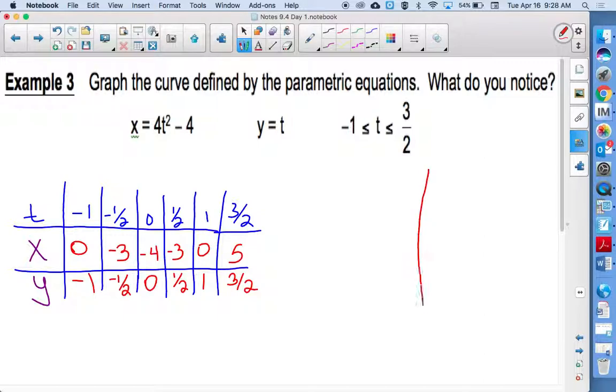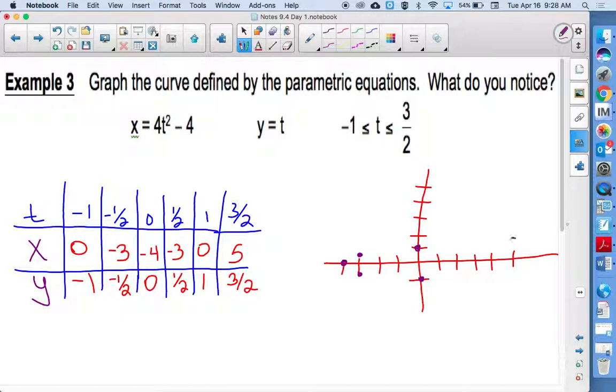And it's okay if you didn't notice it yet. I know it's on a different page, so you have to flip back to realize it. But plotting these points, our first one is at 0, -1. And then at -3, we're down at a half. At -4, it's at 0. -3, +1/2. 0, +1.